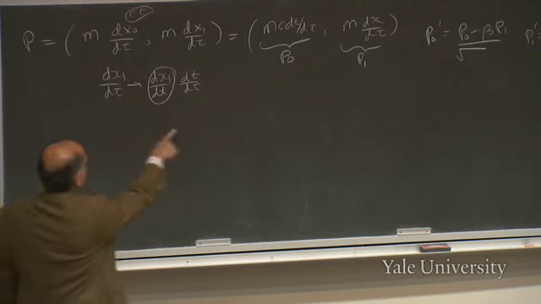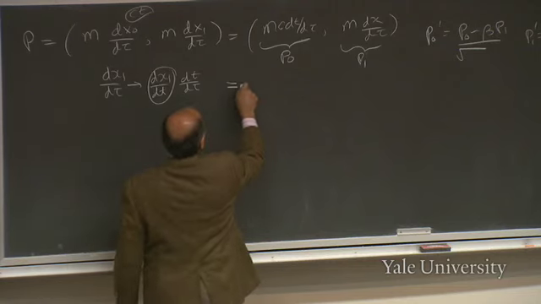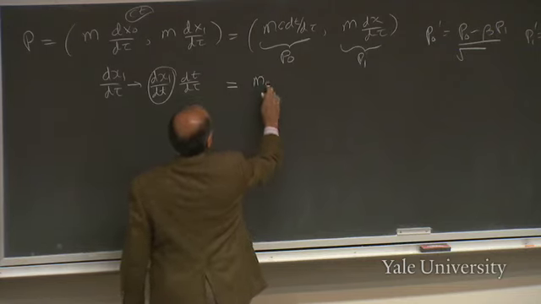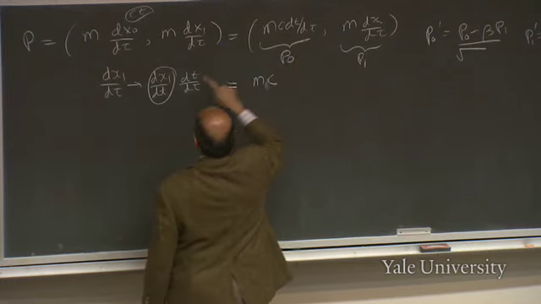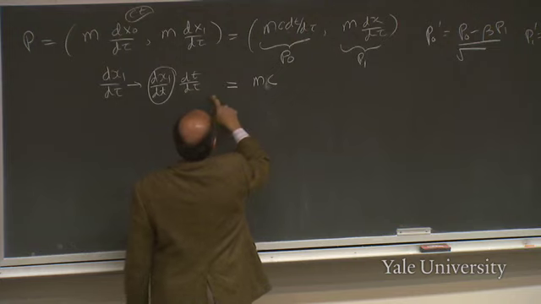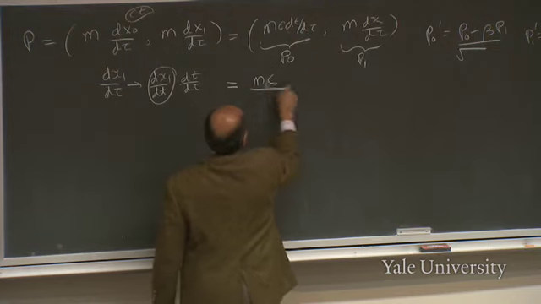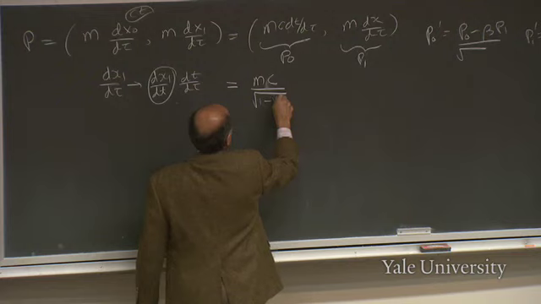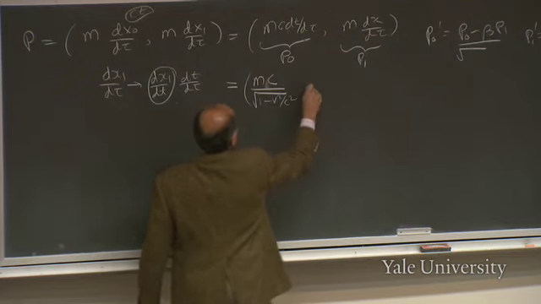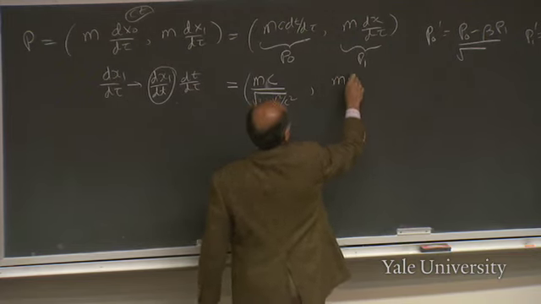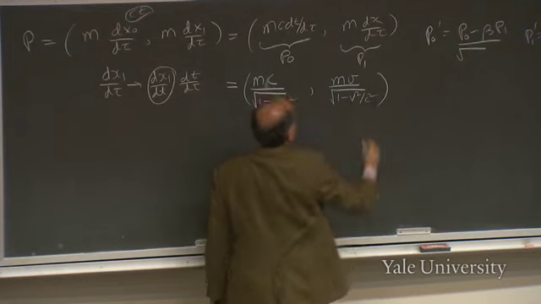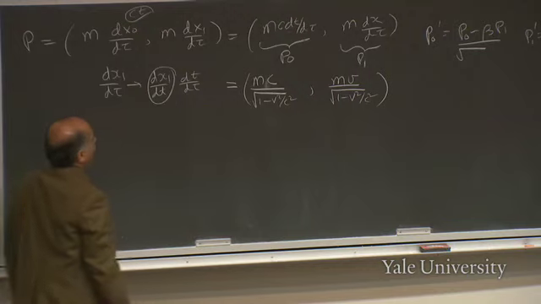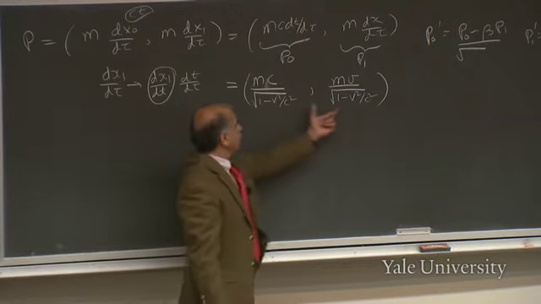If you use that rule here, you will find the momentum has components m times c, dt/dt, which is 1, times dt/dτ, which is this factor here. And the second thing will be mv divided by the same thing. In other words, you can trade τ derivatives for t derivatives everywhere, provided you attach this factor.